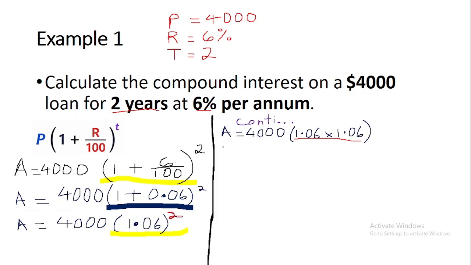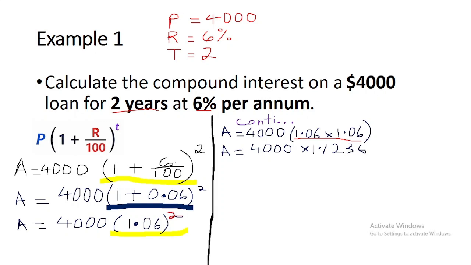So A is equal to 4,000 times 1.06 times 1.06. So that's gonna be equal to 1.1236.